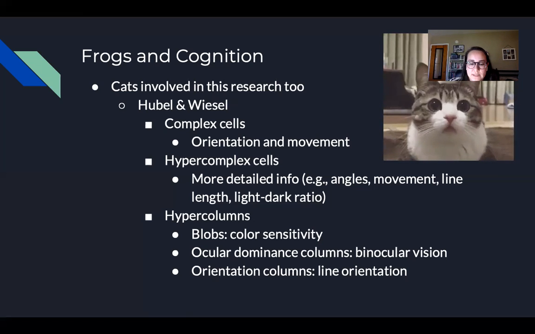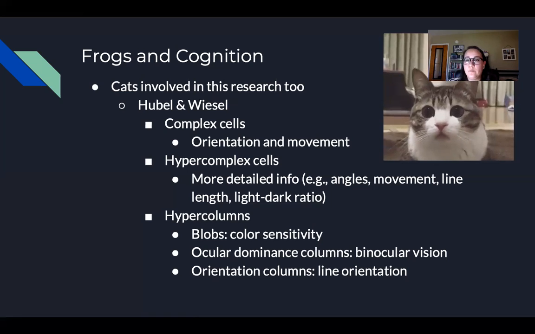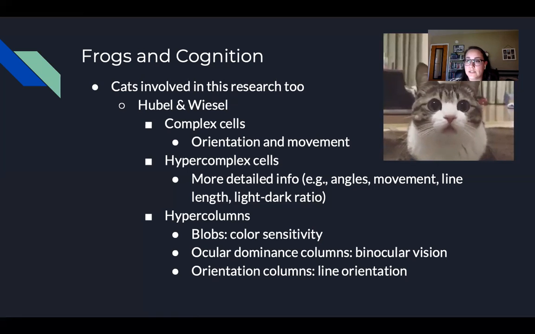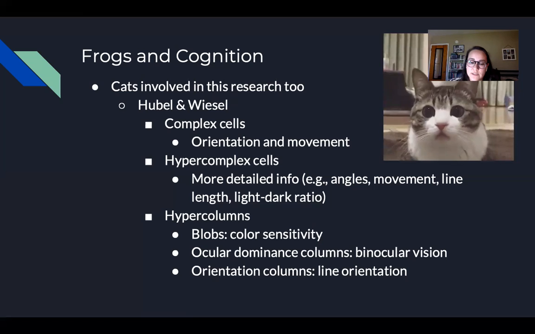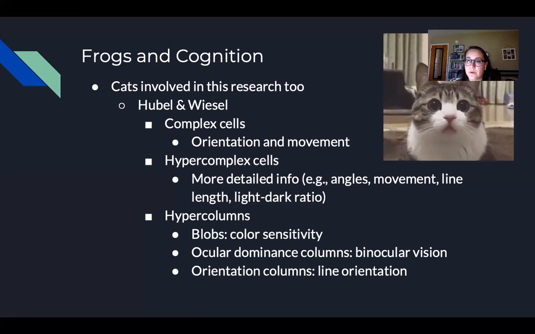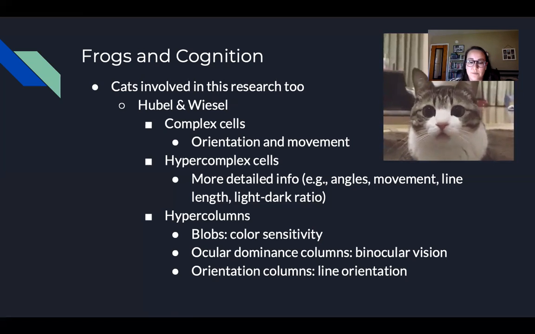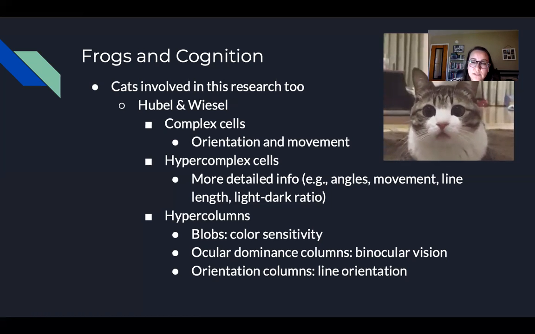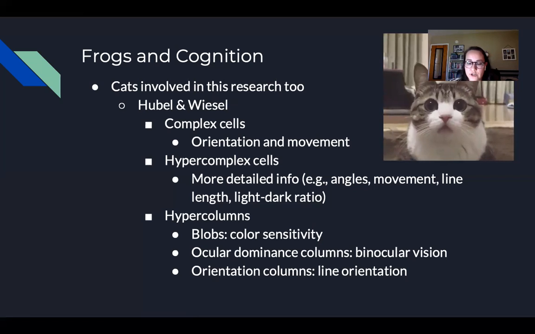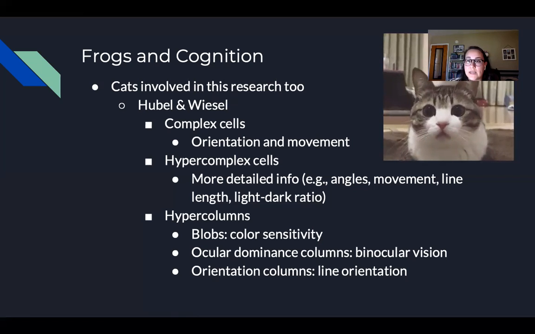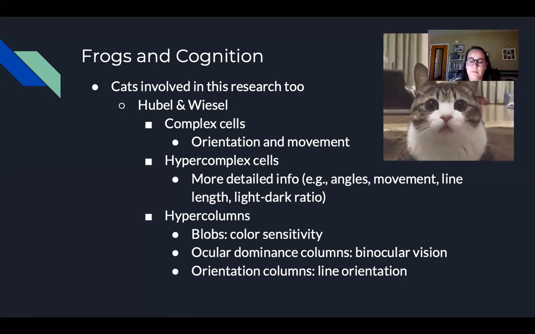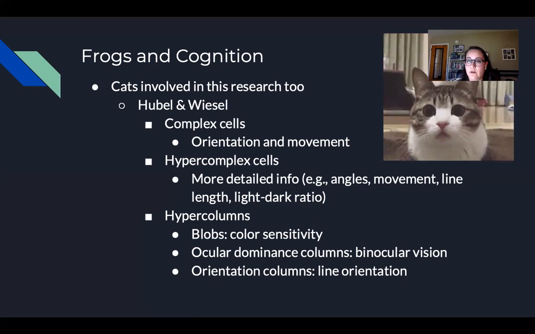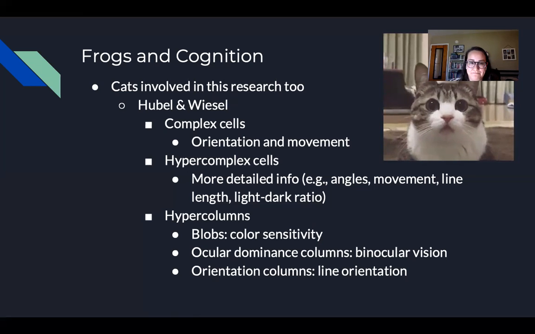And hypercomplex cells provide even more detailed visual processing for us. So various networks of hypercomplex cells are able to respond to the presence of certain angles, particular moving shapes, lines of a certain length, or even the particular ratio of light to dark in a space.